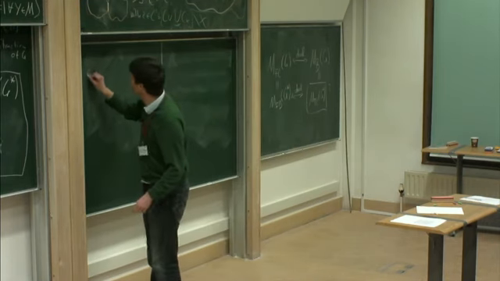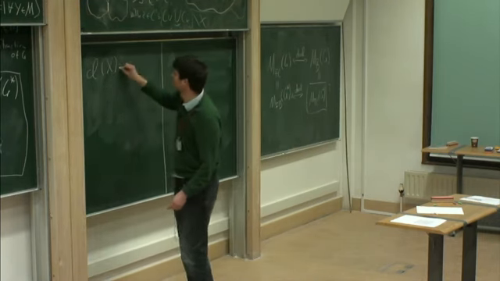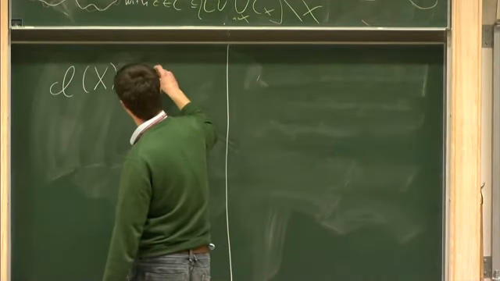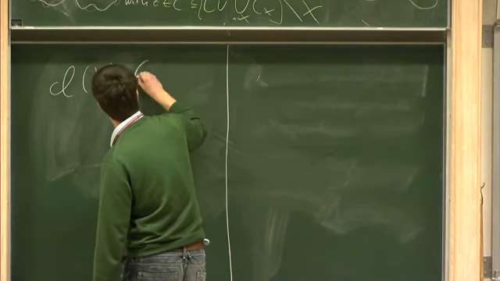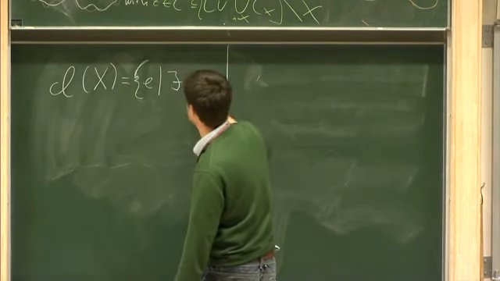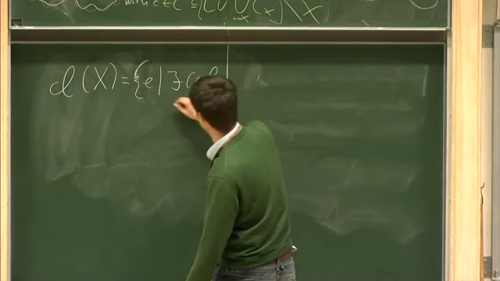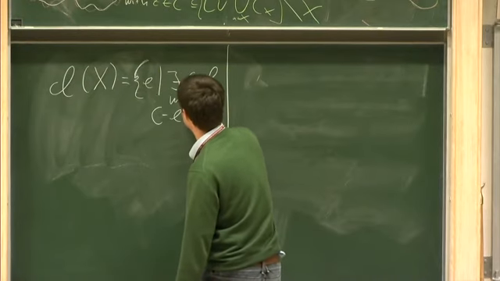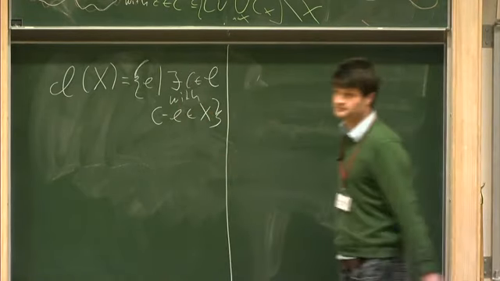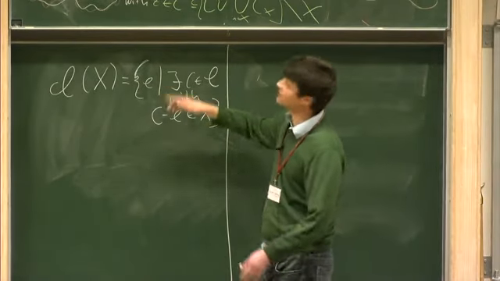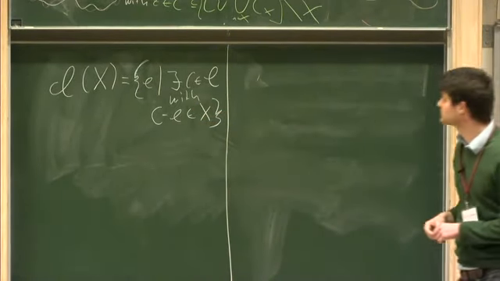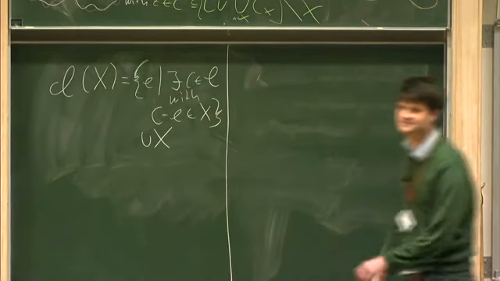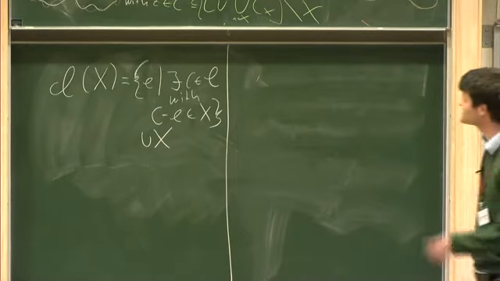So the closure of a set X is just the set of all e such that there exists some C in curly C with C without e a subset of X. Together with X, yes, you're right, thank you. So this is the closure of X.